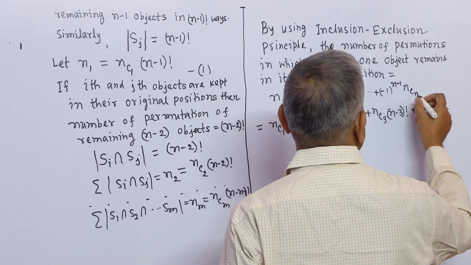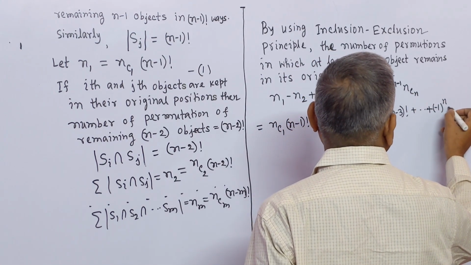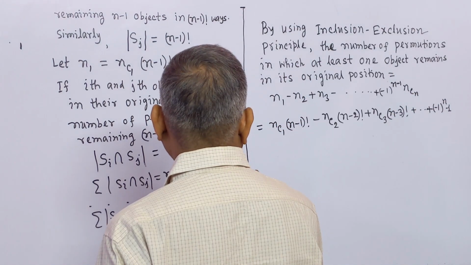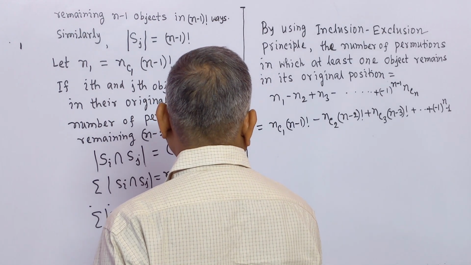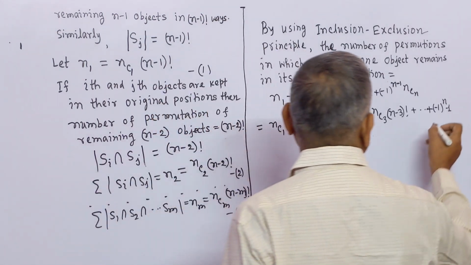This nCn means 1. Let this be number 2, this number 3, and this number 4.